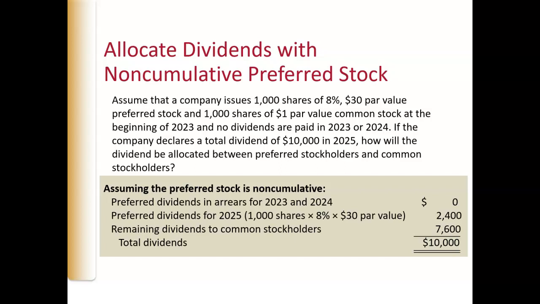So then in 2025, when they are giving a $10,000 dividend, the preferred shareholders will get their guaranteed dividend, the 8% at $30 par, which is $2,400, okay? And then the rest goes to the common shareholder. Make sense? So remember, guys, there's a difference in who gets paid based on cumulative versus non-cumulative.